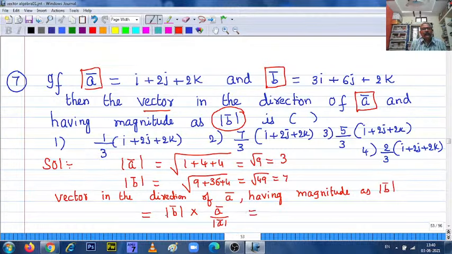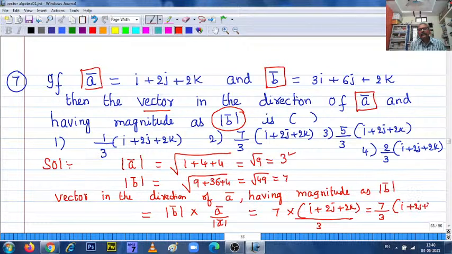That means mod B bar is 7 times, A bar is i plus 2j plus 2k upon mod A bar, which is 3. This is 7 by 3 of i plus 2j plus 2k. Second option is the right option.